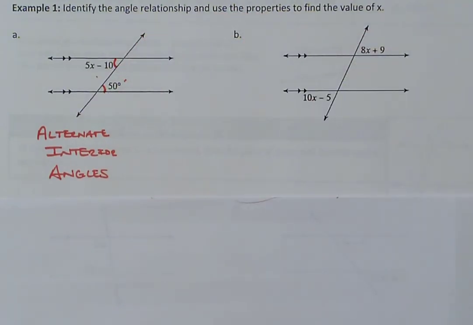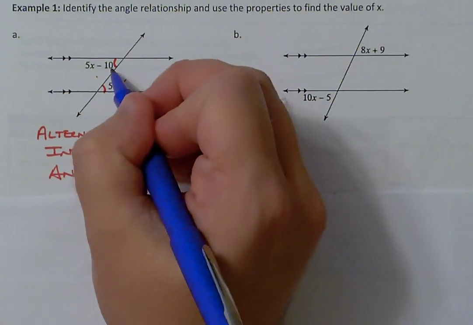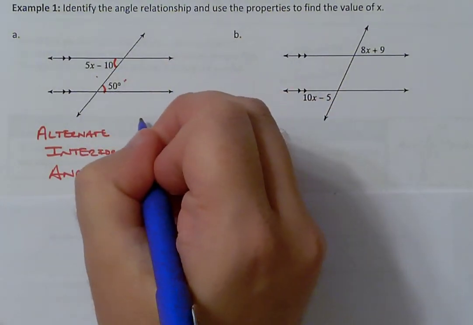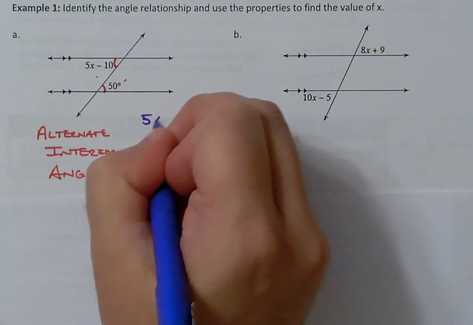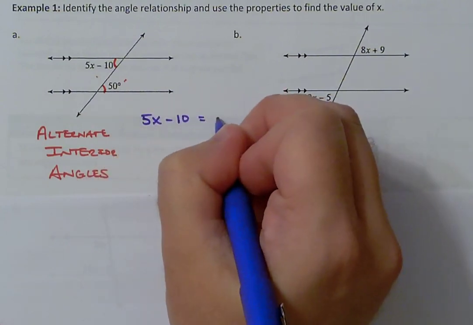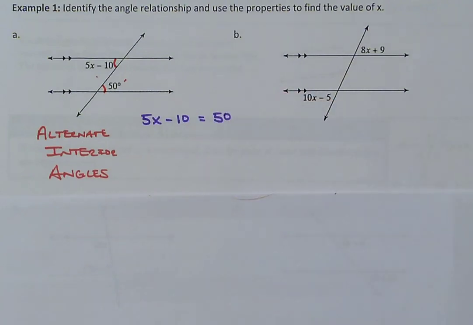And if you think back to what we talked about with the alternate interior angles theorem, that means that they are equal to each other. So we are going to take these 2 and set them equal to each other to solve for x, which gives us 5x minus 10 equals 50.